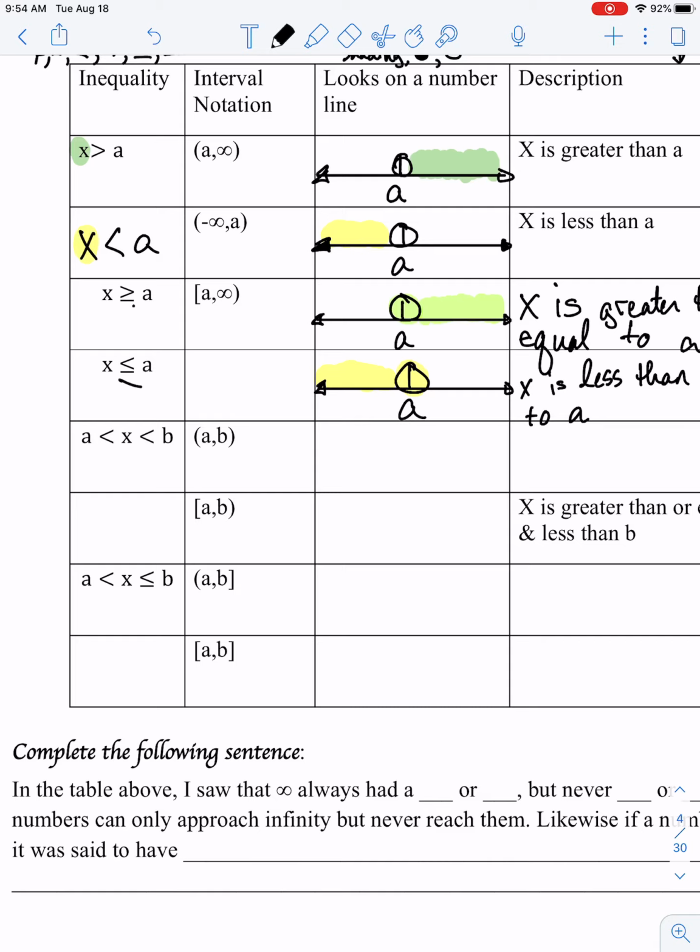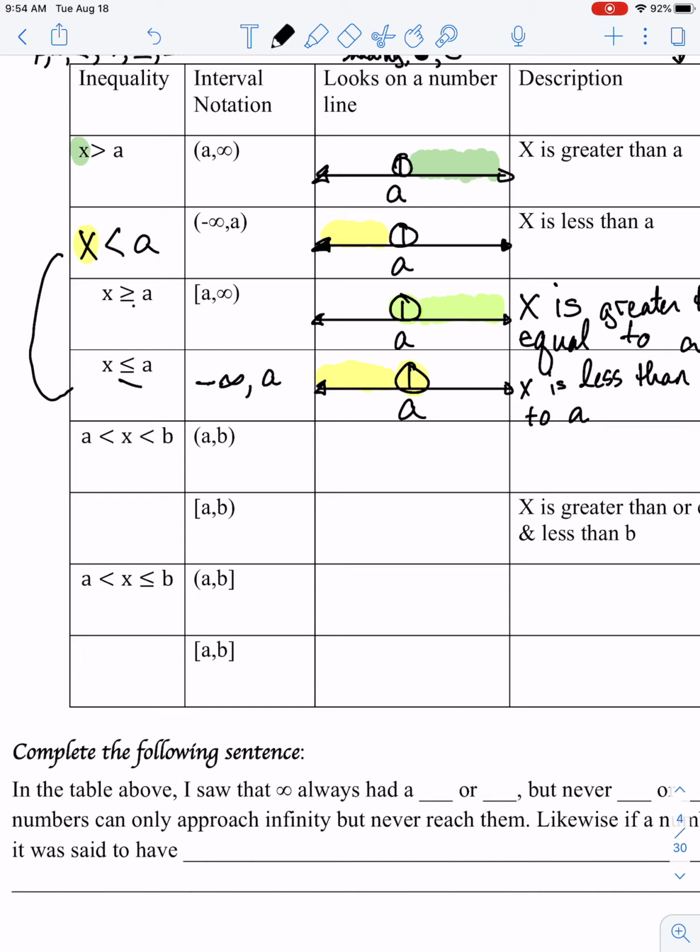So the only difference between greater than or equal to and greater than was that a bracket was replaced with the parentheses. So if I use this same train of thought, the x is less than is really almost the same as x is less than or equal to. So I'm going to write negative infinity, a.